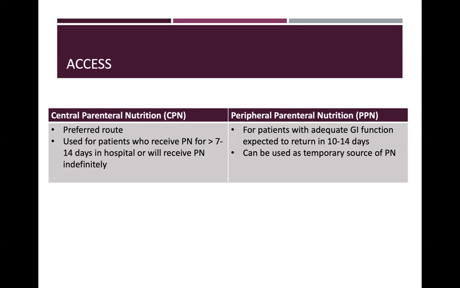Do you need to be that invasive and give them a central line that goes very close to the heart and increases the risk of developing infection? You don't really need to. So you can just give them a peripheral line, provide them with some form of suboptimal nutrition through peripheral parenteral nutrition, and that would be good. So again, neither one is better than the other. It's just what's best for the patient that will determine which one you're selecting.